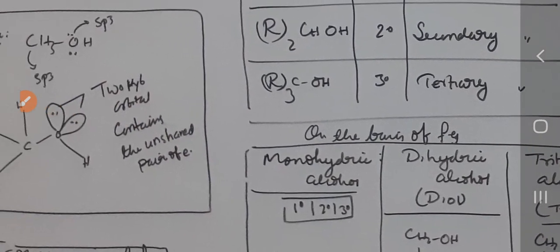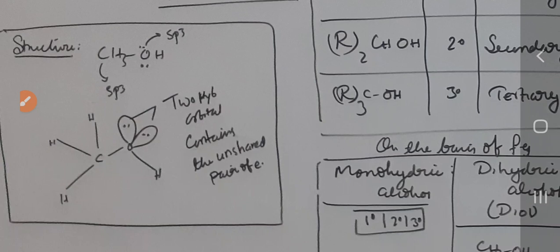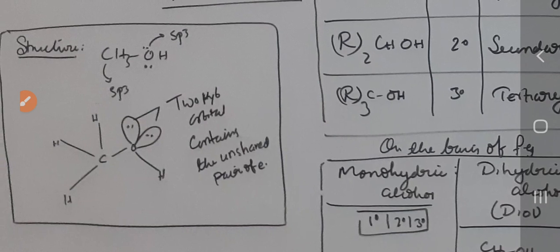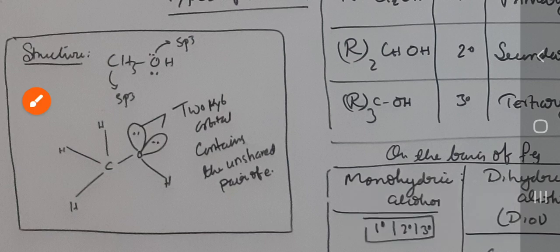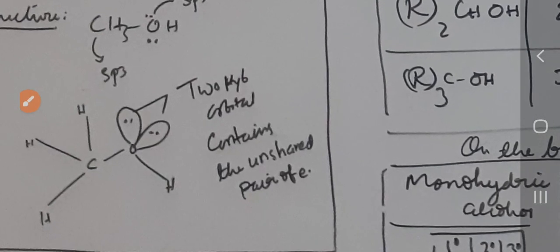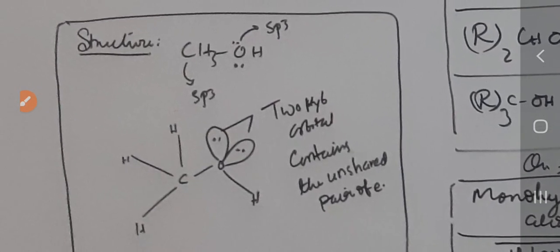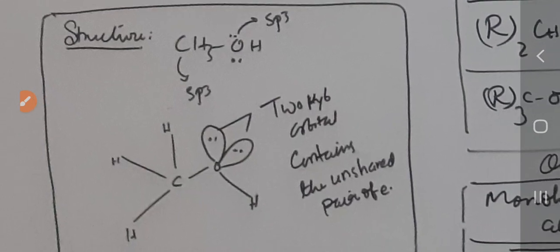Now move on to the very important part, that is the structure of alcohol. In alcohol, the carbon atom is sp3 hybridized, that you can see, and this OH group, this is very important. Let me make it bigger.